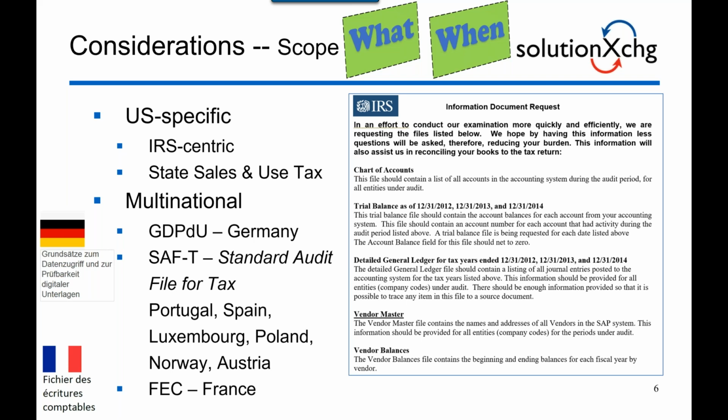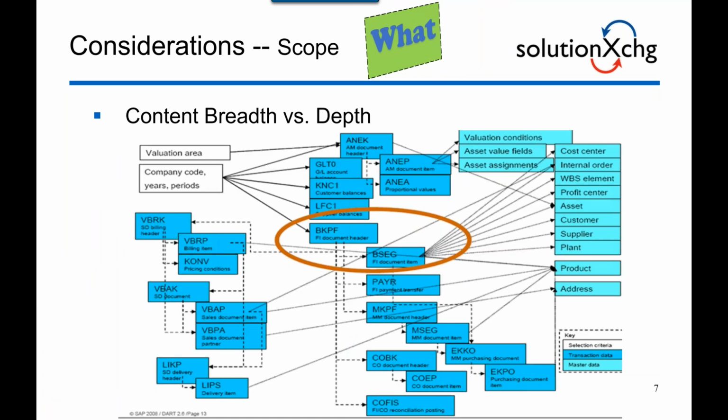So there are complexities across multiple countries, and that list grows. And France also has its own specific output requirements and content requirements as well. That's called the FEC. So depending on how broad a footprint the company has and whether you're trying to solve just the US topic or the multinational topic will impact the approach to take as well.